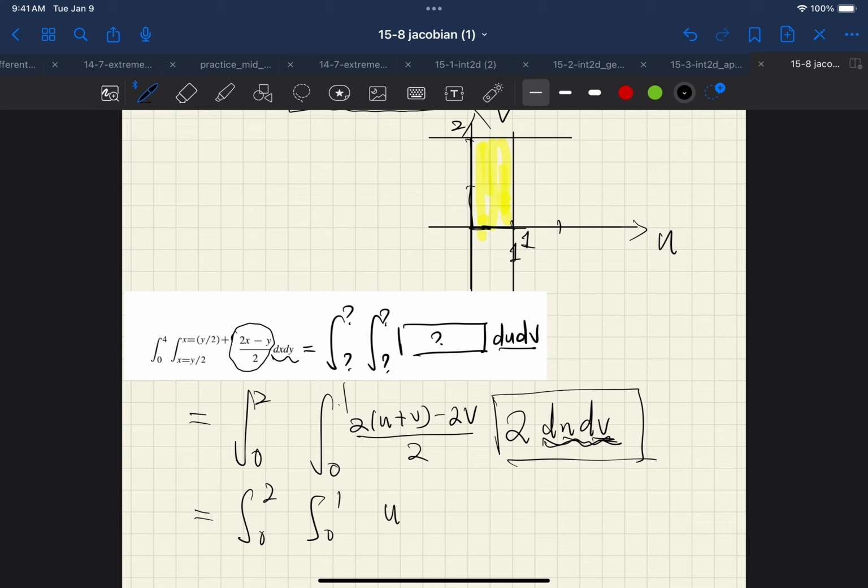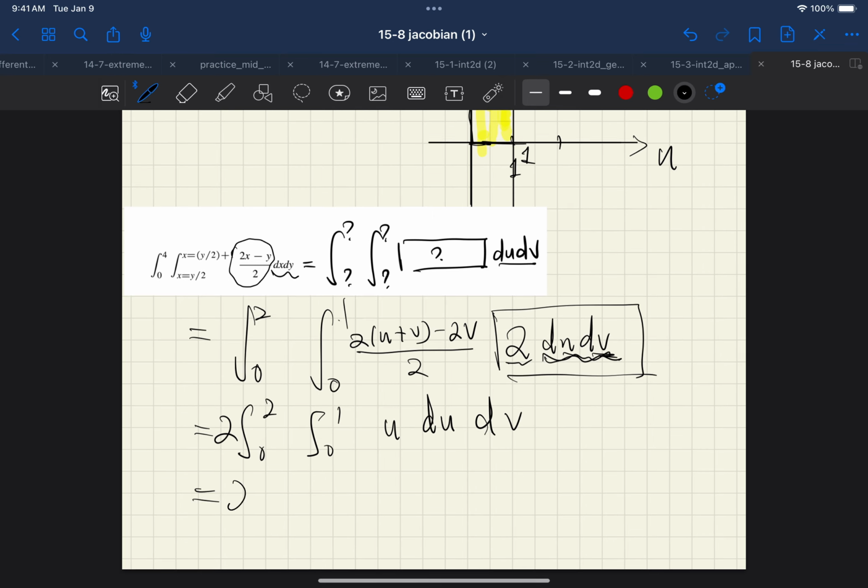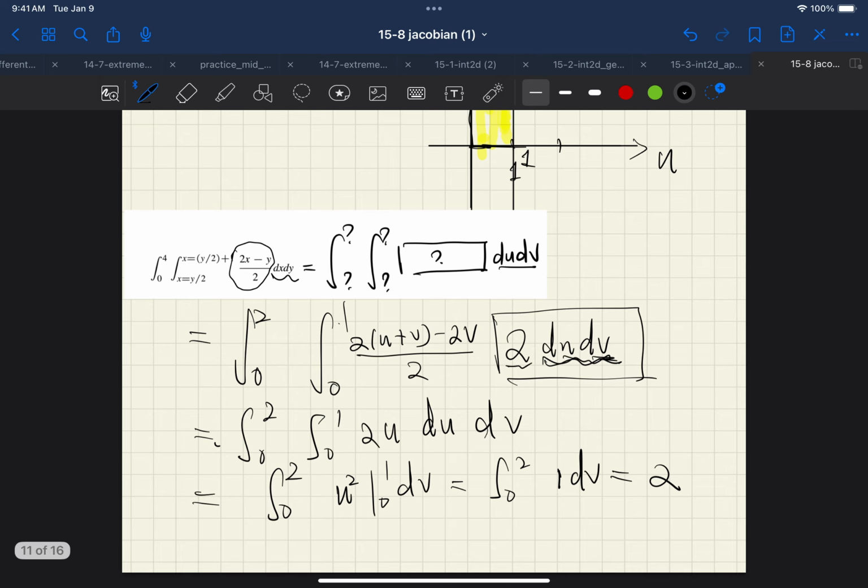I can put this 2 outside, and du dv. So inside is 2u, which gives me u squared as its antiderivative, evaluated from 0 to 1. That gives me 1 times dv, which integrates to 2. So all right, the calculation at the end is super easy.